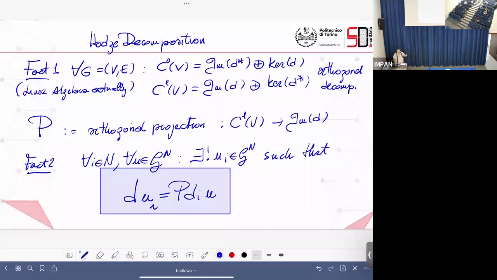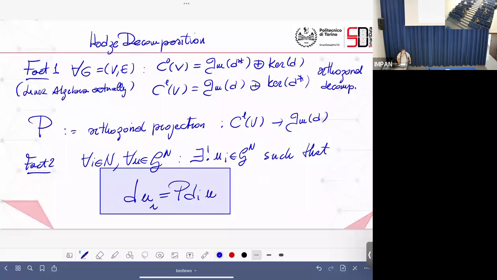It turns out that if you restrict the games, so you fix u of the empty set equal to 0, D is injective. It's very simple to show. The reason is clear. H0 is connected, so the kernel is one dimensional, but the kernel is exactly those vectors that are constant on the vertices.